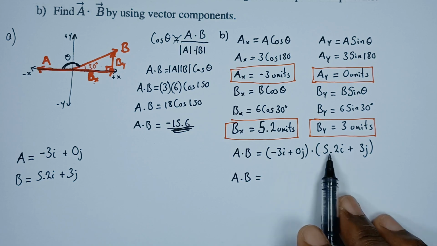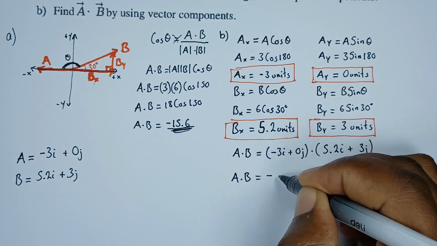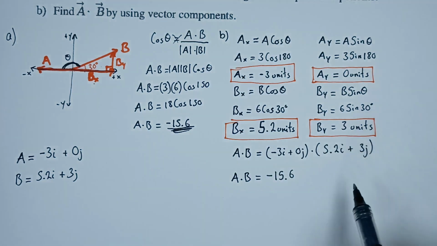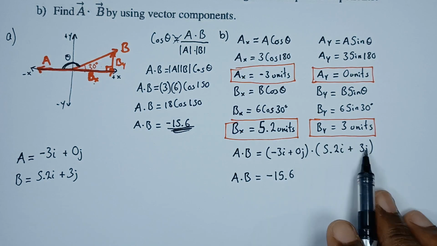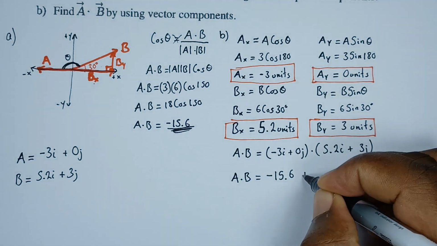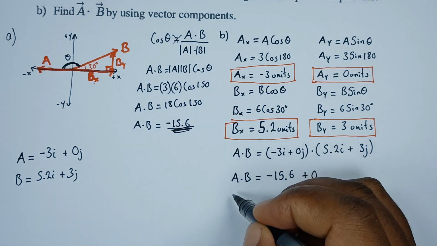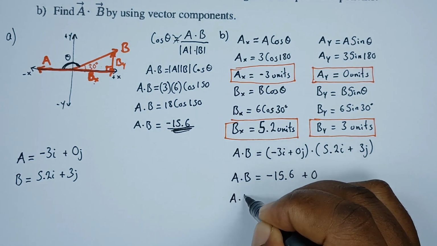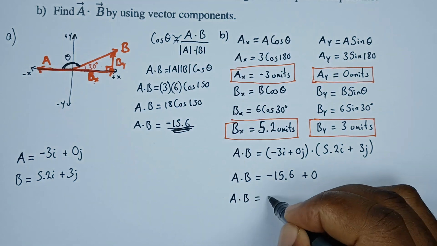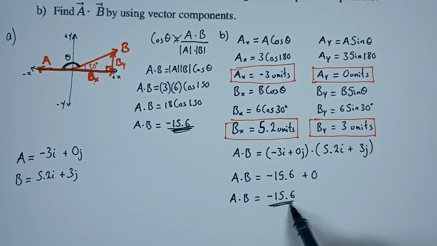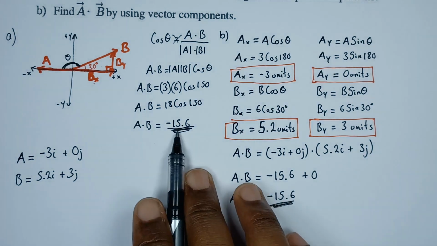So negative 3 times 5.2 will get negative 15.6. 0 times 3 is 0. Remember, j and j is 1, i and i is 1. So A dot B is negative 15.6. So you can see that the two answers are the same.